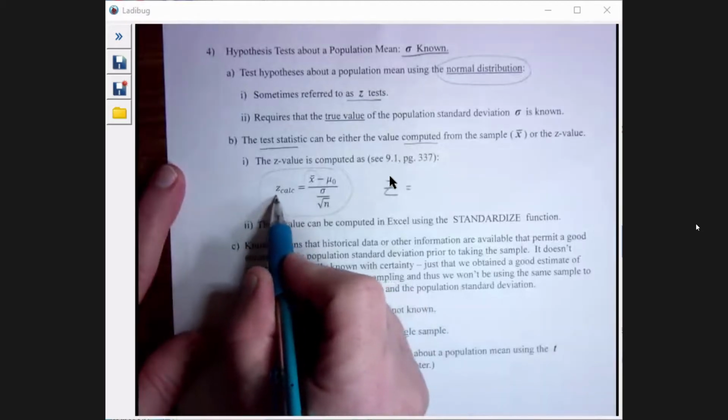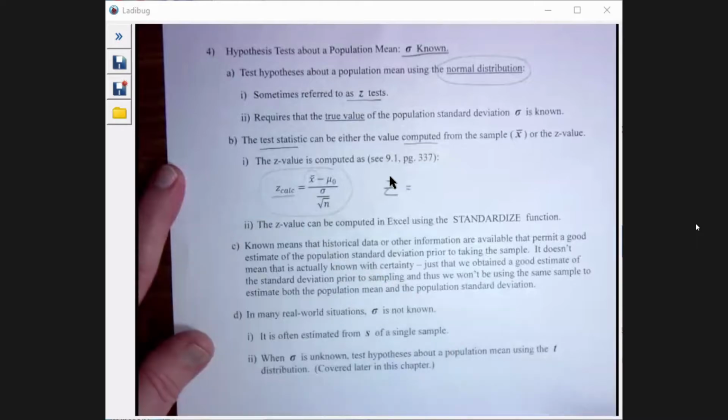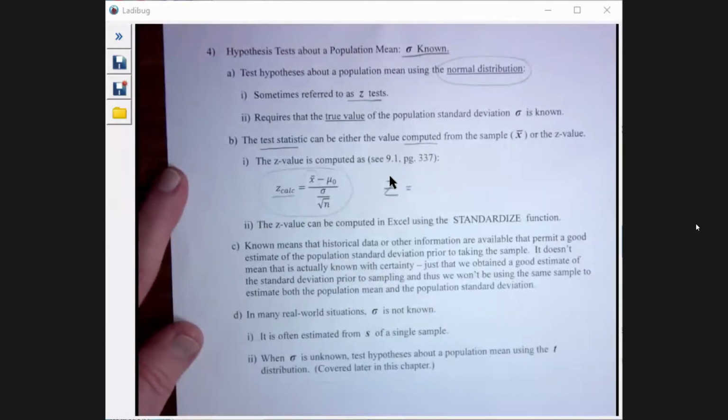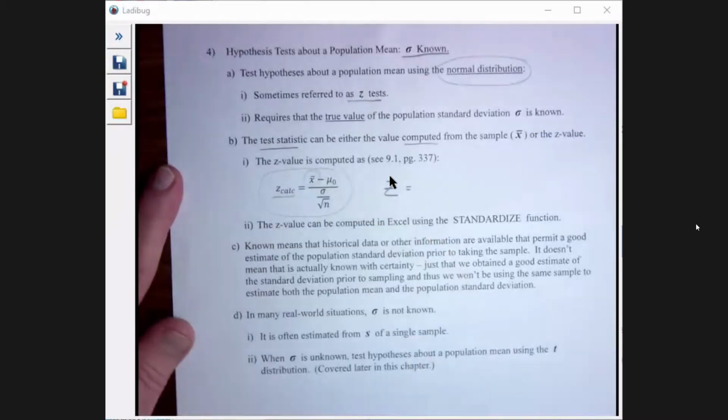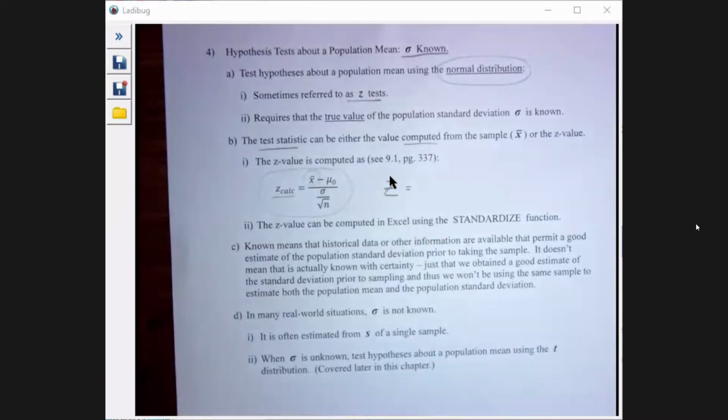What we're doing is determining what is the z-value that represents our mean, our sample statistic. So we're converting a real world value into a z-value. How do we turn a real world value into a z-value? Think about how we've done it in the past.